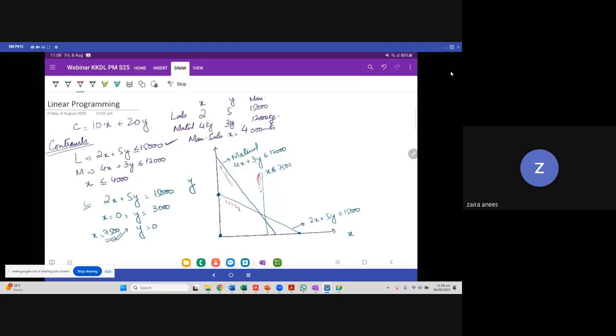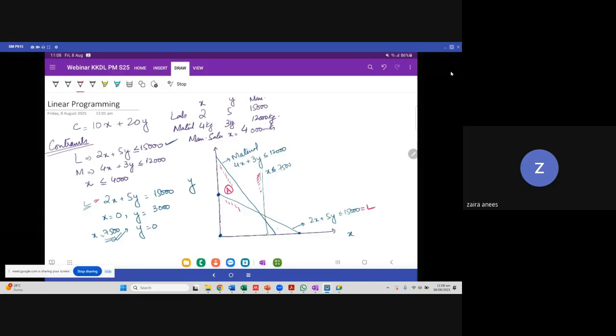So if you produce any output in region A, it is not going to be a good output because 2x is the line of labor. Since this is above this labor line, at region A you will have enough quantity of material, but you will not have enough quantity of labor.